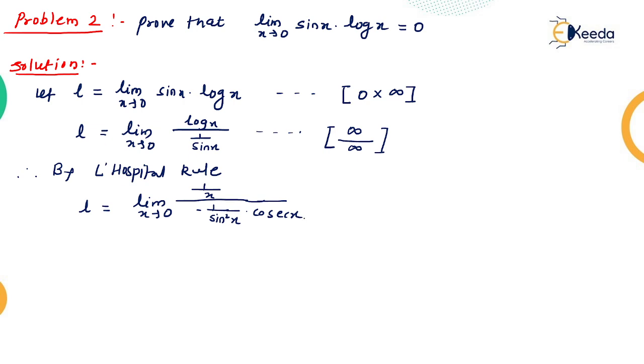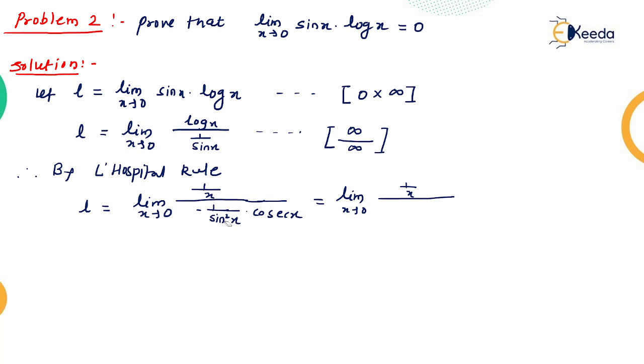I hope you understand this very well. Now we evaluate the limit as x tends to 0. This is 1 divided by x upon 1 upon sin square, so instead we write cosec square x. I hope you understand this.